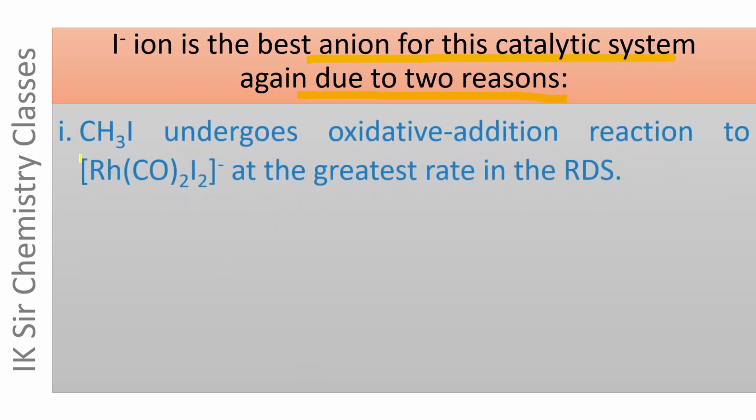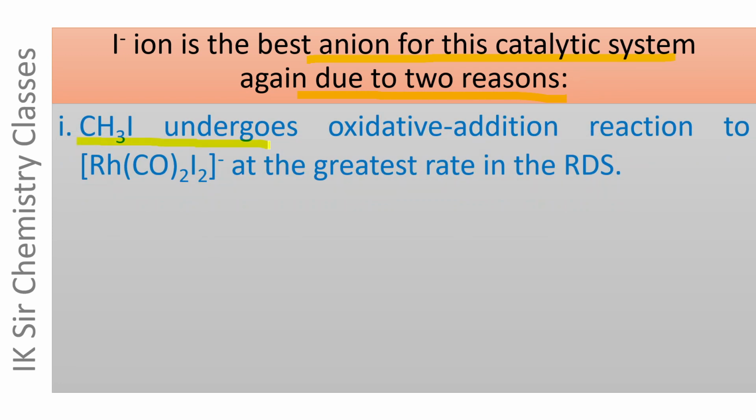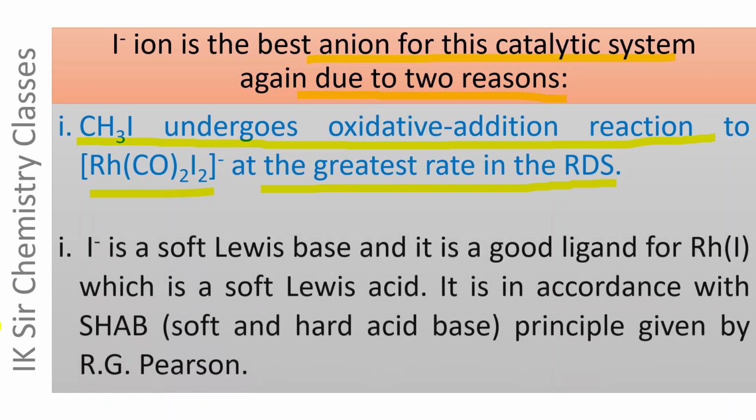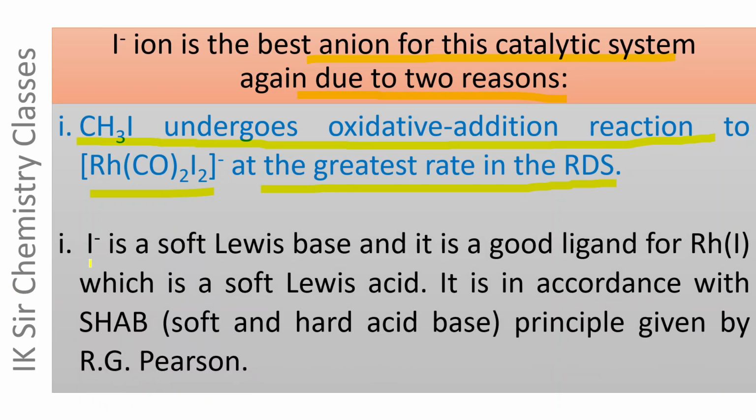The first one, methyl iodide undergoes oxidative addition reaction to the catalyst at the greatest rate in the rate determining step of the reaction. And the second one, I- ion is a soft Lewis base and it is a good ligand for Rh+, which is also a soft Lewis acid.